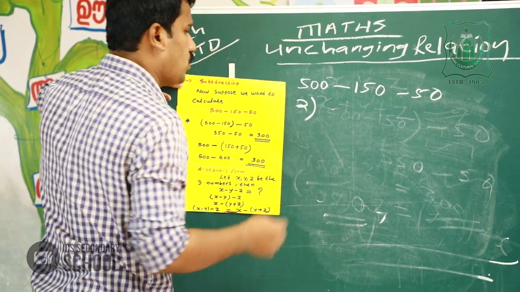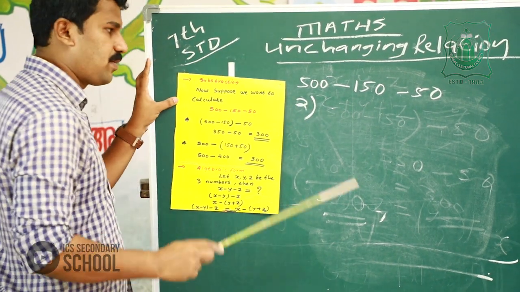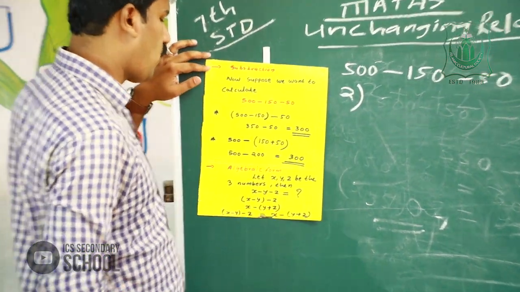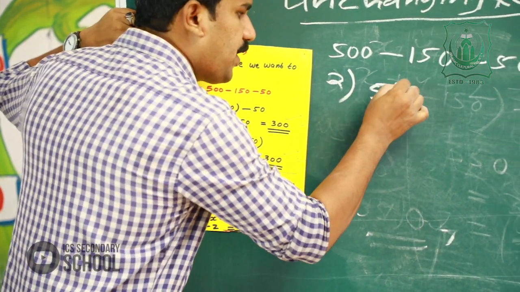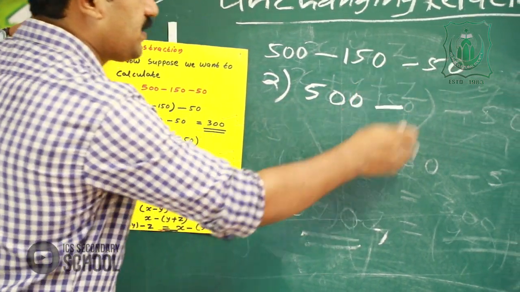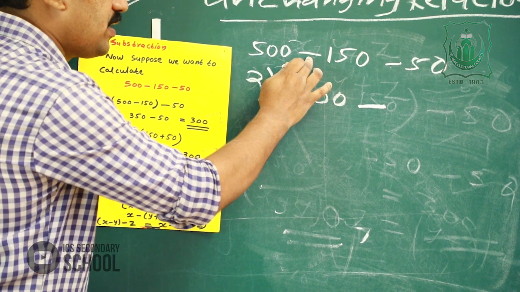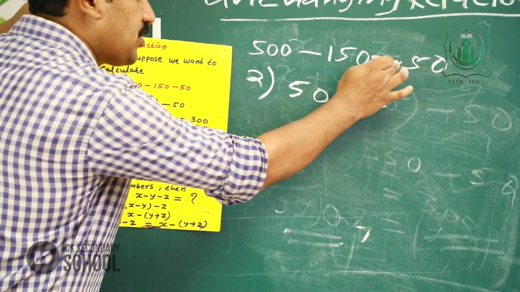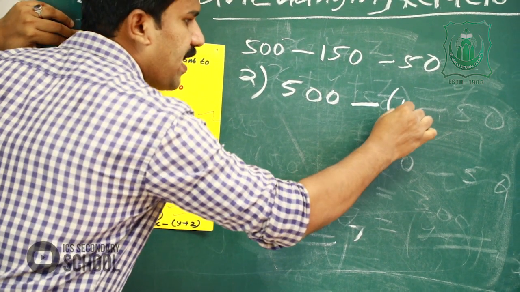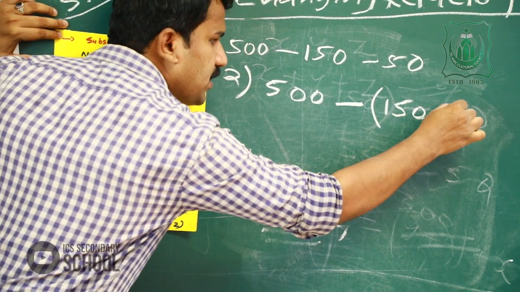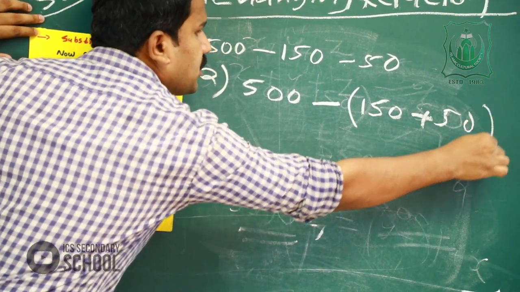You can do the same problem by the second method: 500 minus, then 150 plus 50, addition.